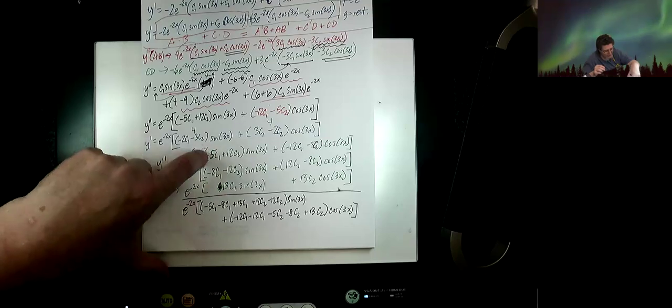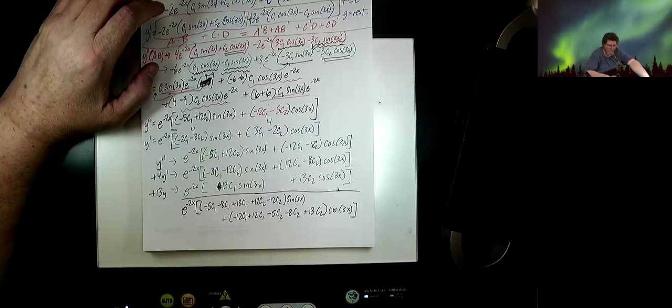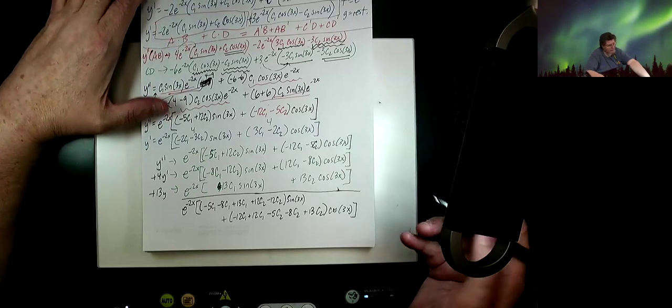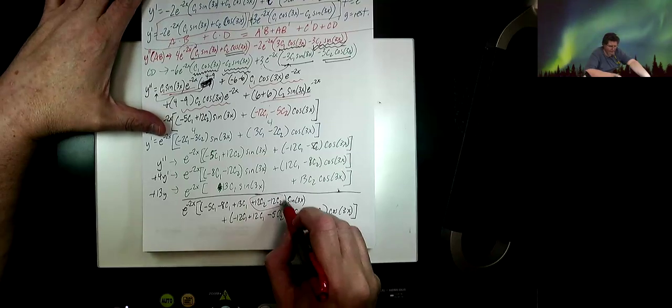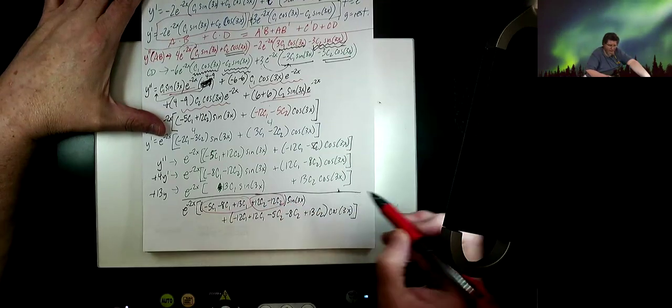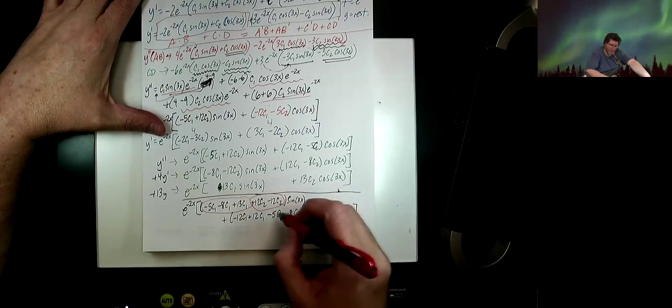You could have probably done this a little faster and seen that the C1s cancel out and the C2s cancel out for both of them. Those cancel and these cancel, so I'll have a 0 for those.